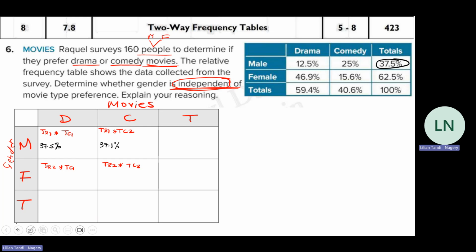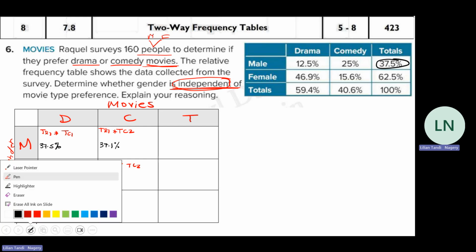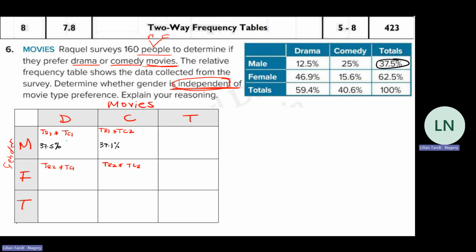37.5%. Then total of column 1, this number here, I'm going to write it here, times 59.4%, and here 59.4%.